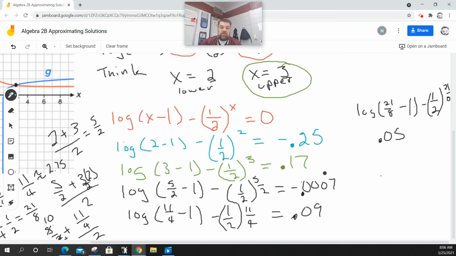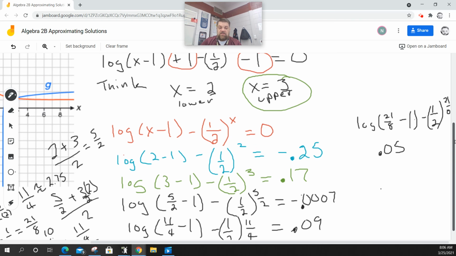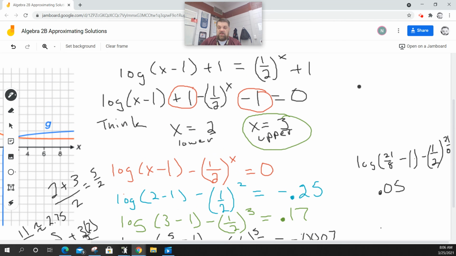Because it's positive again, I've got to replace the upper boundary. So I still have 5/2 plus 21/8, and now I've got to take half of that. To make this 8, I multiply by 4. To make this 8, I multiply by 4, right? And that gives me 20 over 8. So then that yields 41 over 8. This is the last time we have to do this. And then I take 1/2 of that.